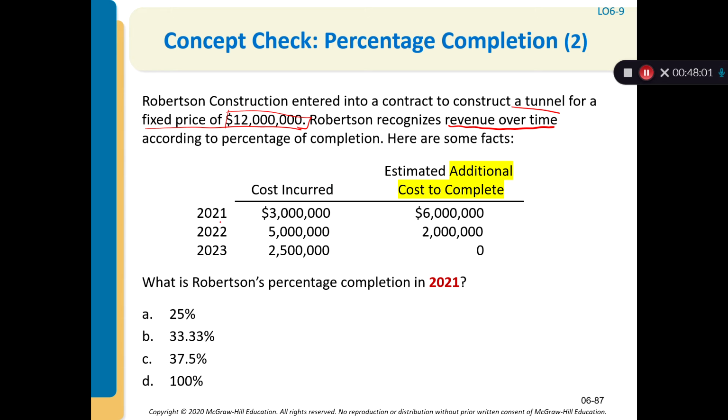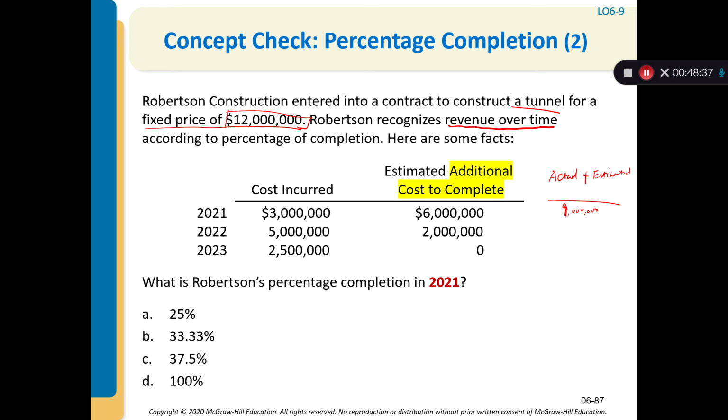So first of all, in year 2021, the cost incurred is 3 million, and the estimated additional cost to go is 6 million. So the actual cost plus the expected cost to go at year end should be $9 million, right? And year 2, the cost incurred is 5 million and the estimated additional cost to complete is 2 million.